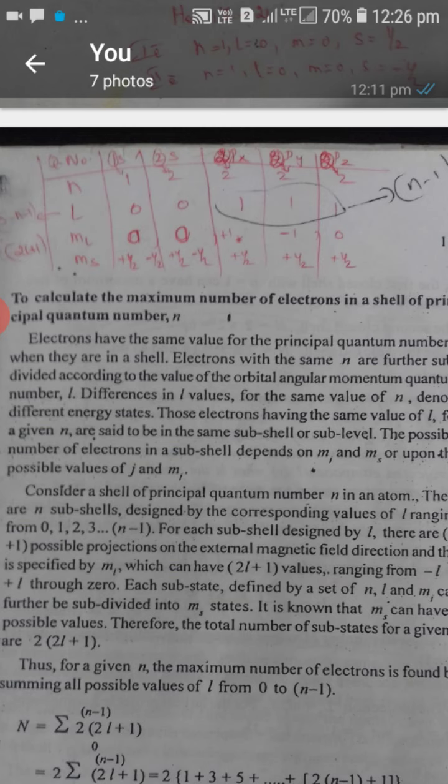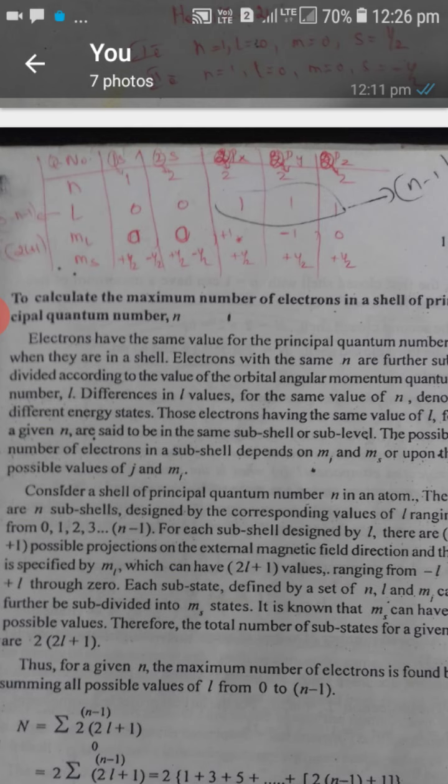Therefore, it has 2l plus 1 values. Each substate has an ms state. ms takes the values plus half and minus half. That is two possible values.